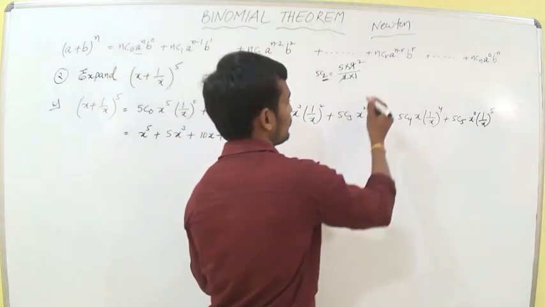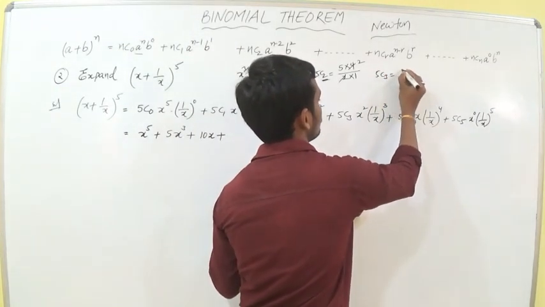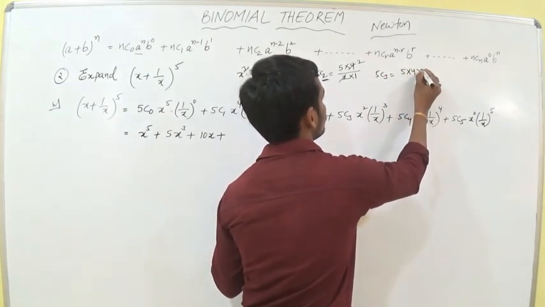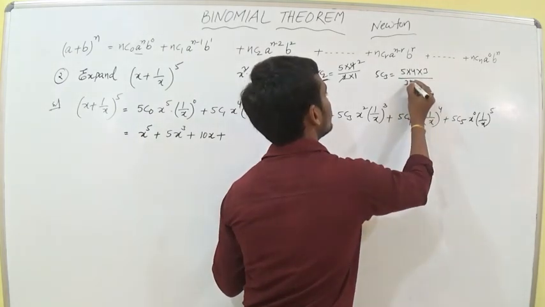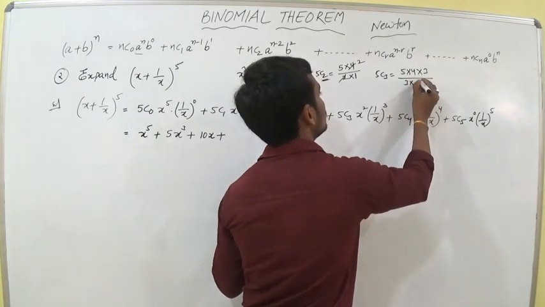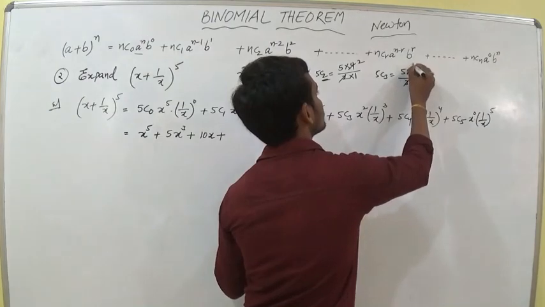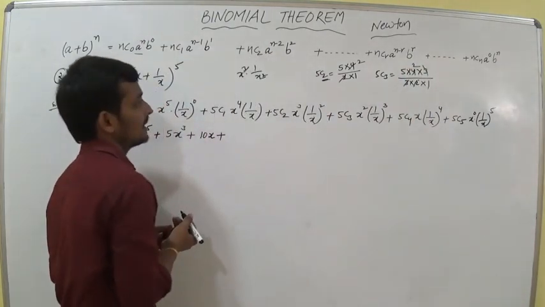5C3. How can we find 5C3? 5C3 is equal to 5 into 4 into 3 by denominator 3 into 2 into 1. 3 cancels, 3 will cancel with 2, 5 twos is again 10.